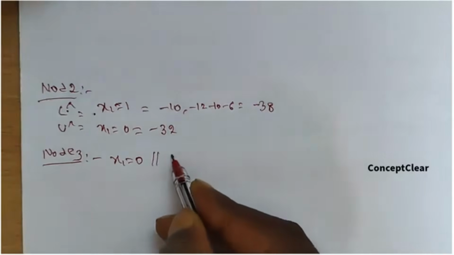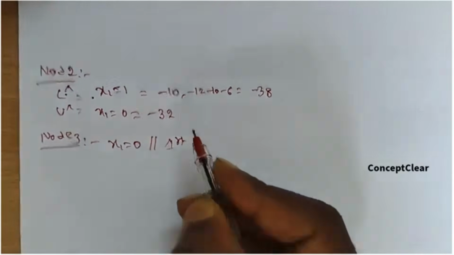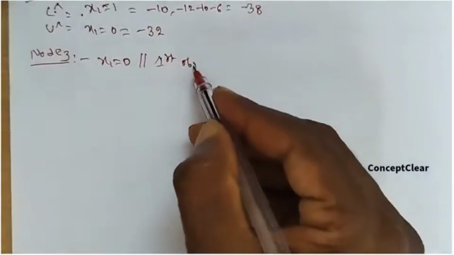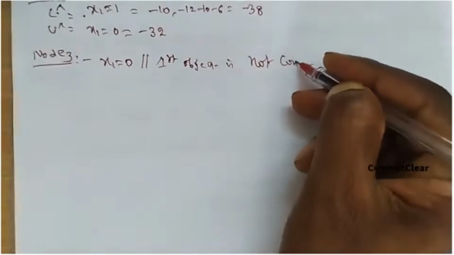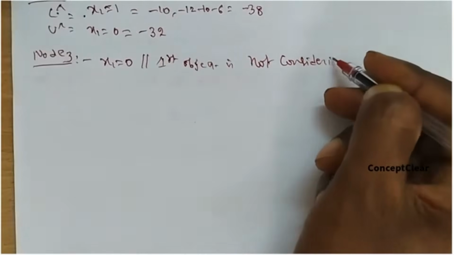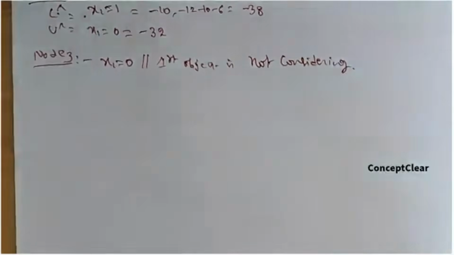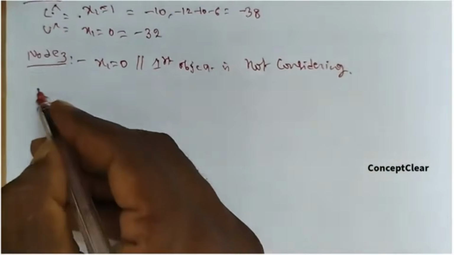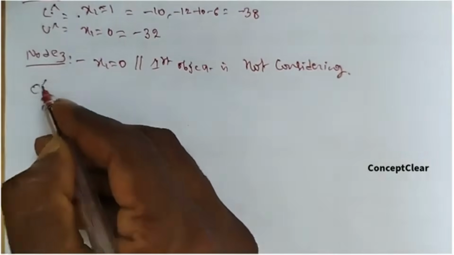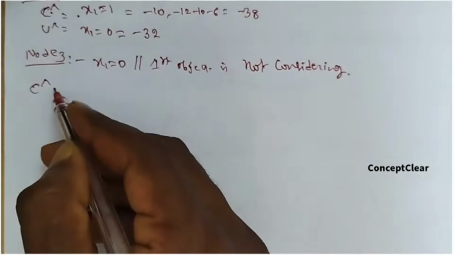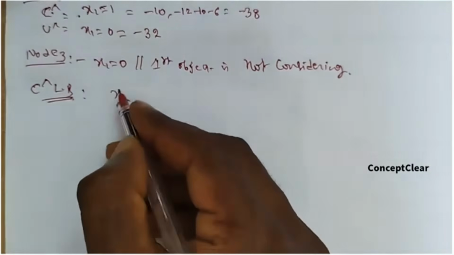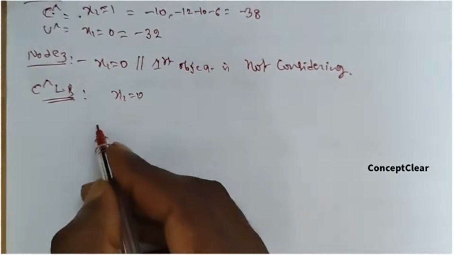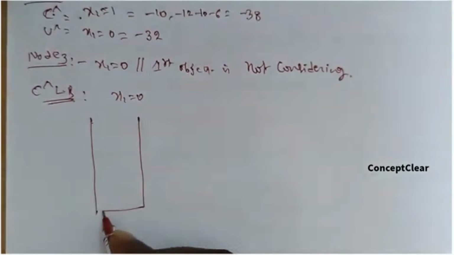The first object is not considered here. Not considering means, for the lower bound value, C cap, we are finding the lower bound value. x1 equals 0.